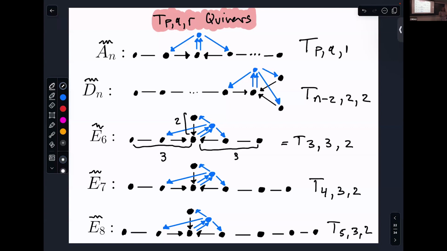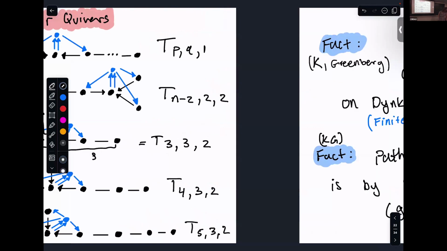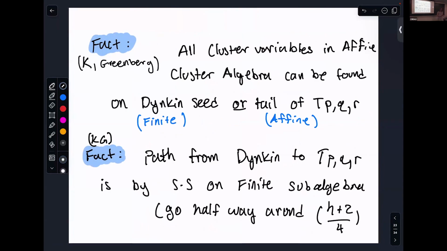So these TPQR quivers are just as important as the Dynkin quiver in the affine cluster algebra. So we should think the affine cluster algebra has two important parts: the part that was the affine Dynkin diagram and this TPQR part. So a fact I proved with Zach is that we can find all of the cluster variables in a particular way.